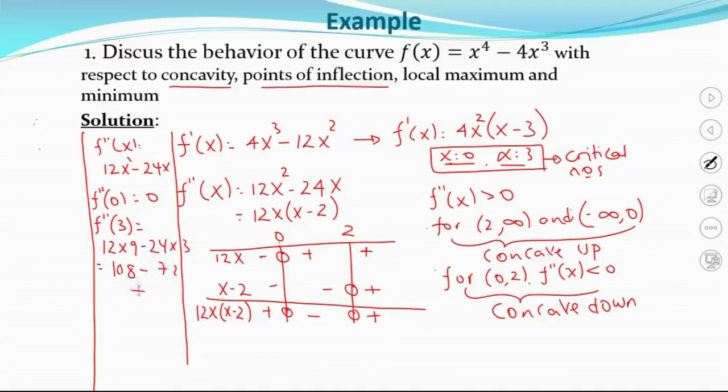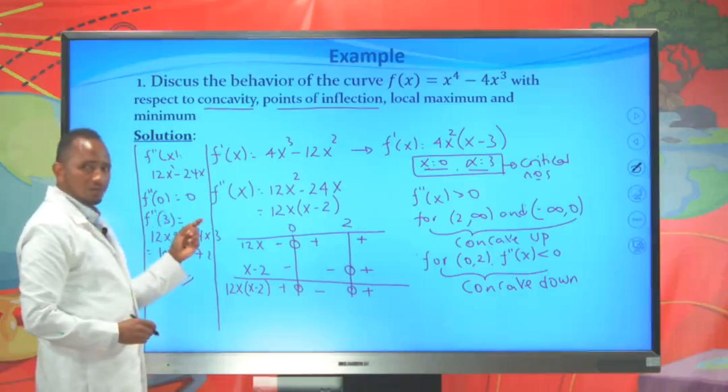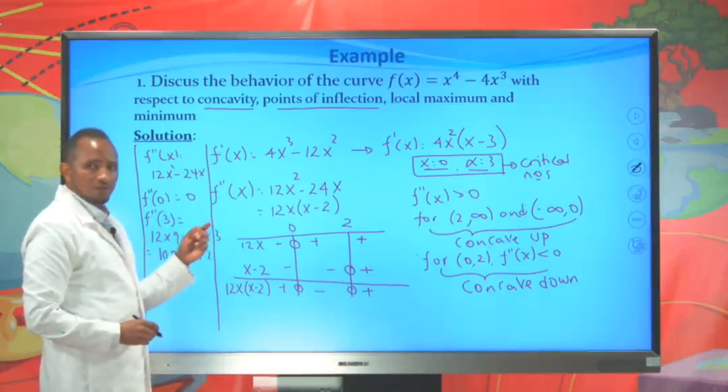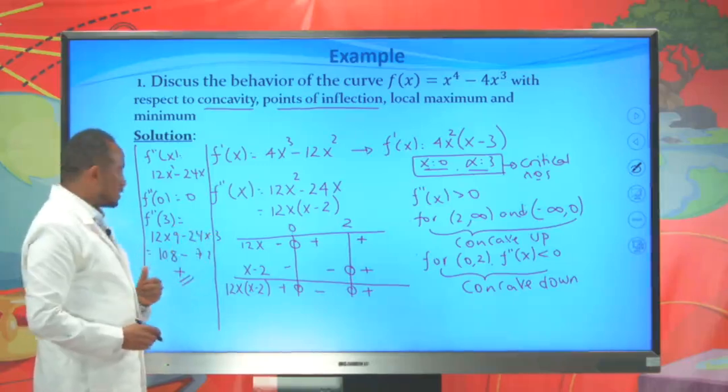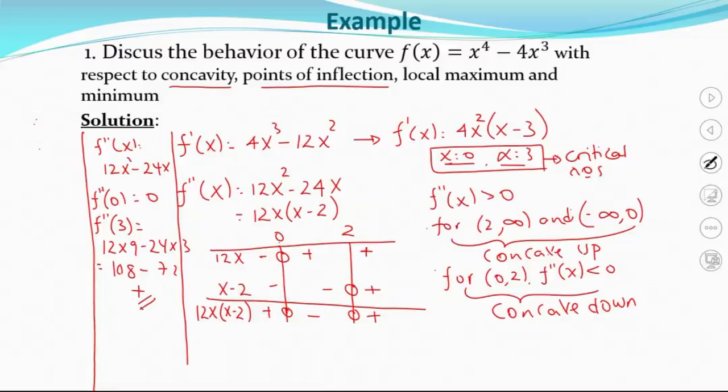So this is positive, 36. Since the second derivative at 3 is positive, this function has a local minimum at this point. So f of 3 is a local minimum.